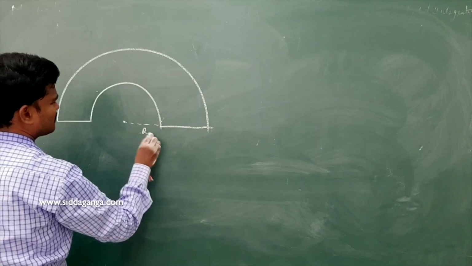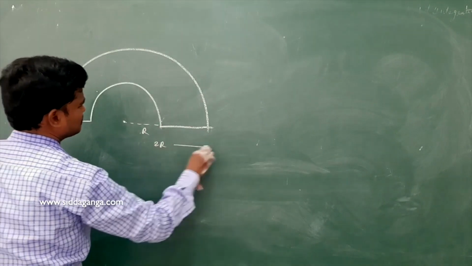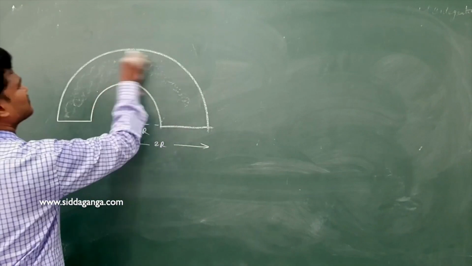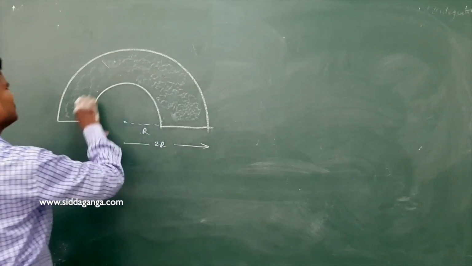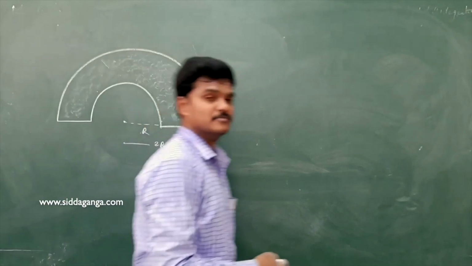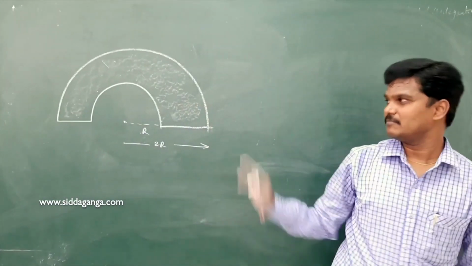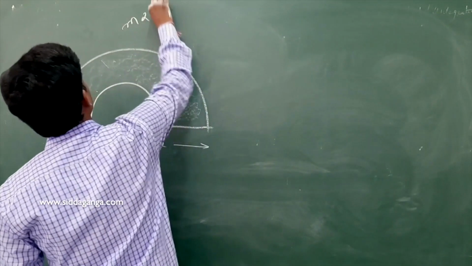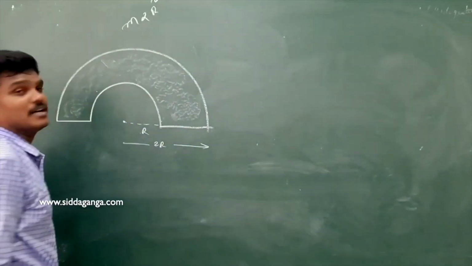This is R. The second one is 2R. They are asking the center of mass of this part. Anyhow, mass is proportional to the square of the radius, so you can identify the mass.